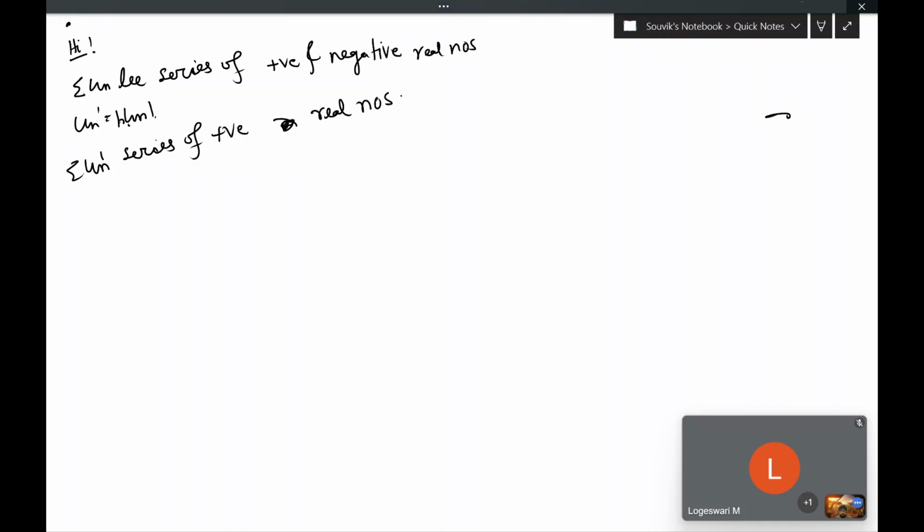And if this summation of mod u_n is convergent, then we say that this series summation u_n is convergent absolutely.